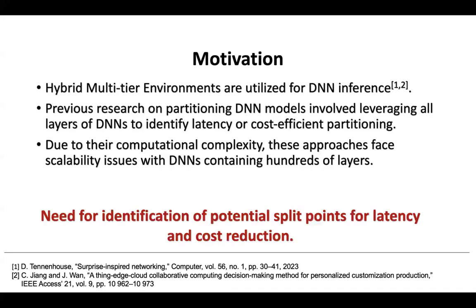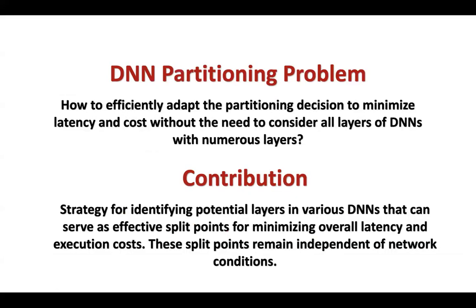So there is a need to identify some potential split points in these DNNs for latency and cost reductions. The DNN partitioning problem can be posed as how to efficiently adapt the partitioning decision to minimize latency and cost without the need to consider all layers of DNNs with numerous layers.